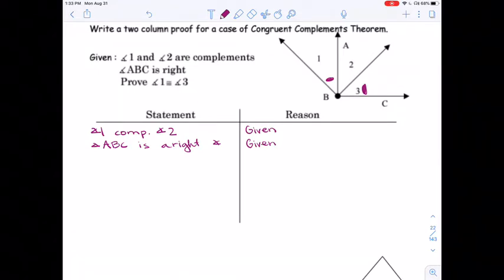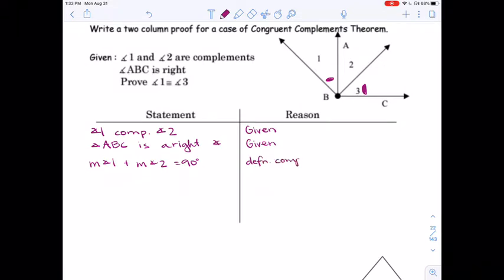So I want to change both of these so that we have some equal signs. So instead of saying 1 and 2 are complements, let's say the measure of angle 1 plus the measure of angle 2 equals 90 degrees. And we can do that because we know our definition of complementary.